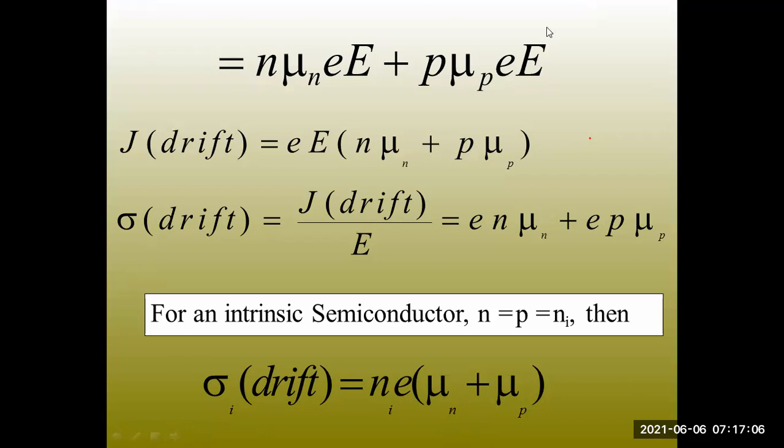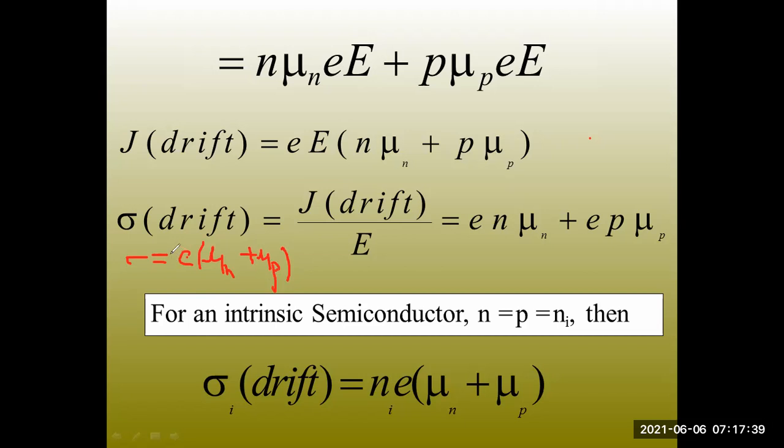The same thing we can now write as sigma is equal to e, mu h or mu n, you can write anything, plus mu p.